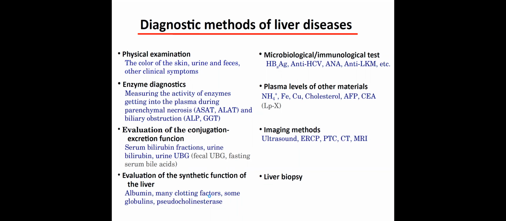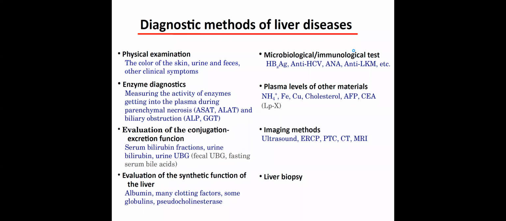Other liver problems, such as some kind of viral infection, are covered by microbiological and immunological tests, including, for example, the hepatitis B surface antigen or the antibody, the hepatitis C virus, or some autoimmune disorders, so anti-nuclear antibody or anti-LKM and so on. A lot of antibodies could be used to detect some abnormality.